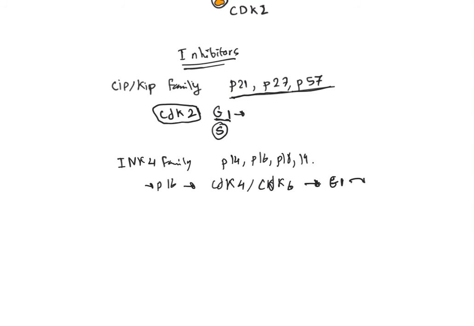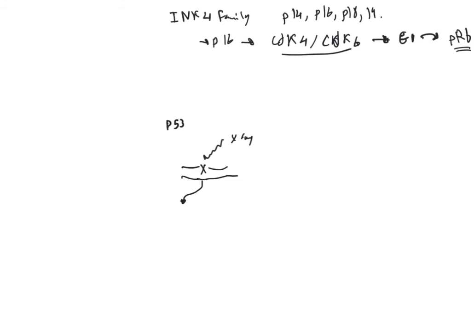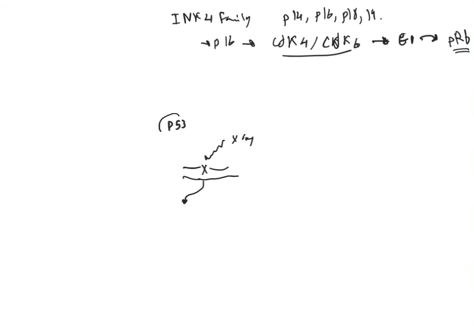They are also important for phosphorylating the retinoblastoma protein, which is the restriction point that gives permission to go to the S phase. So without CDK4 and CDK6, you will never be able to get to the S phase, and eventually that will suppress the cell growth.